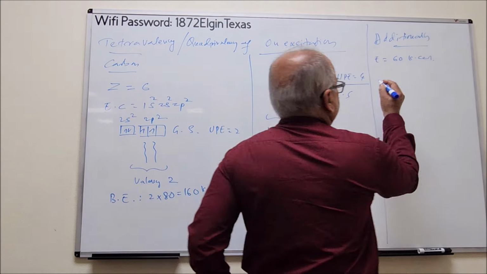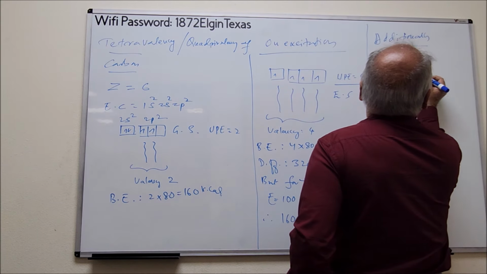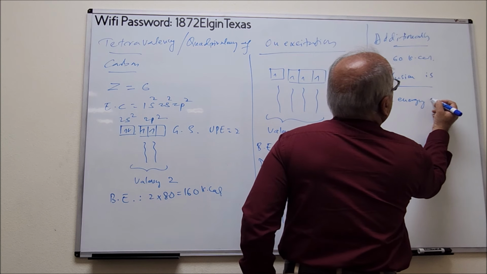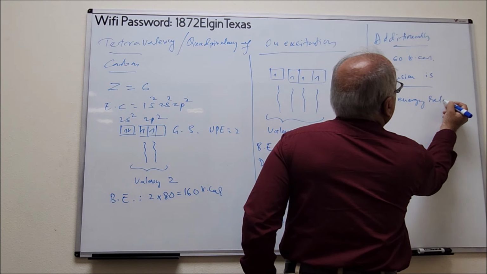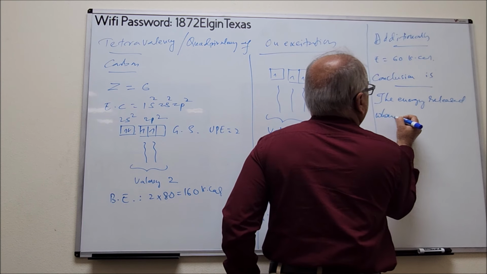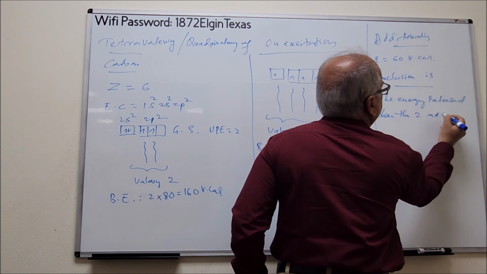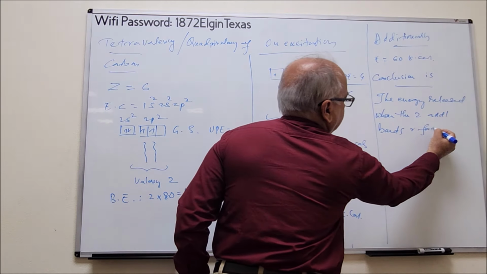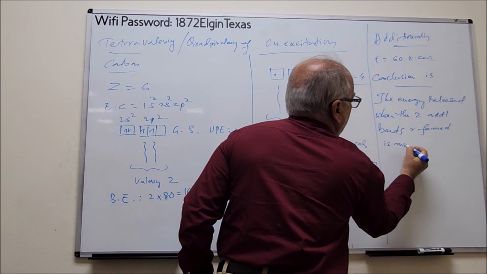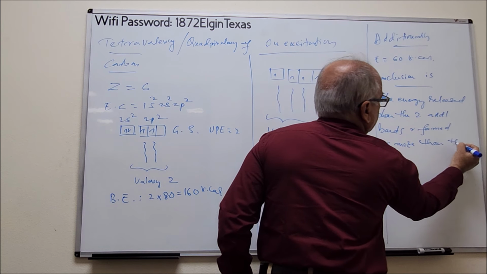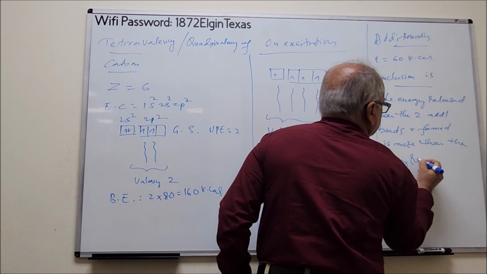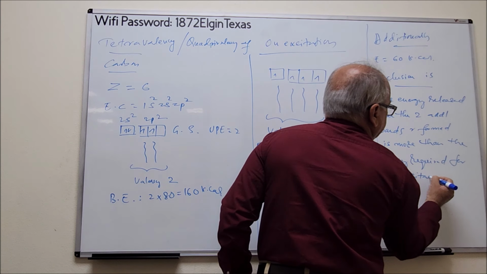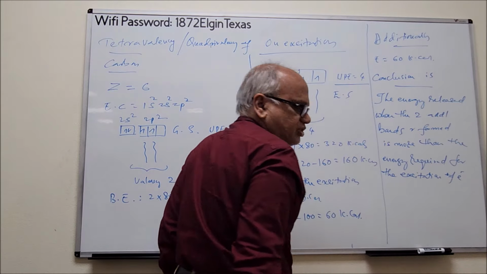So here the conclusion is, the energy released when the two additional bonds are formed is more than the energy required for the excitation of electrons.